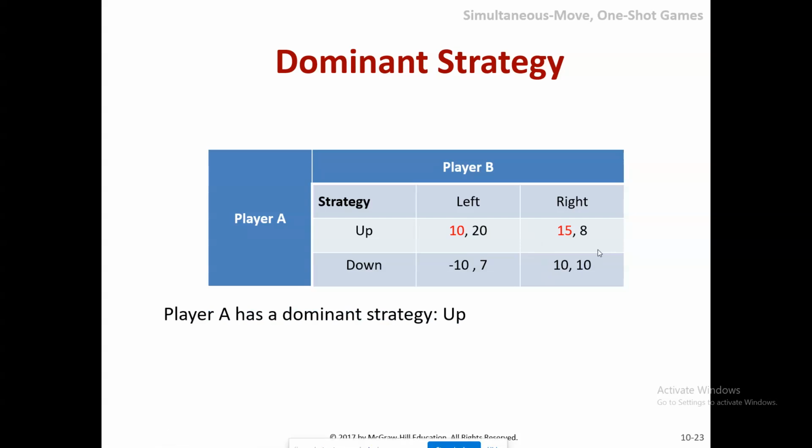What about B? If A chooses up, B will choose left because 20 is larger than 8.